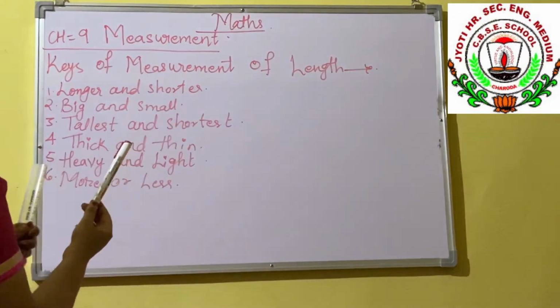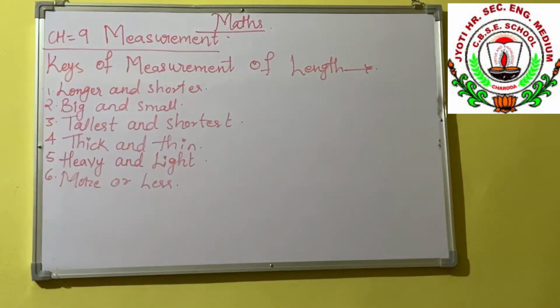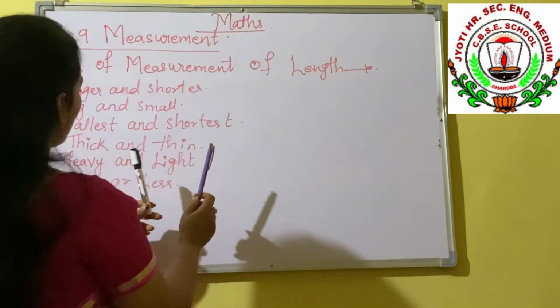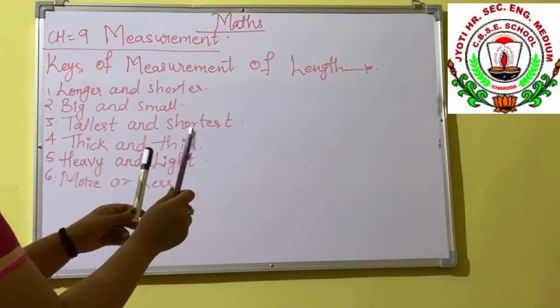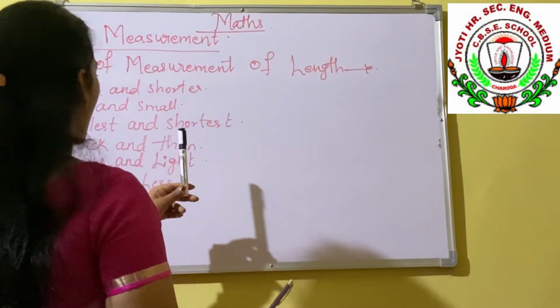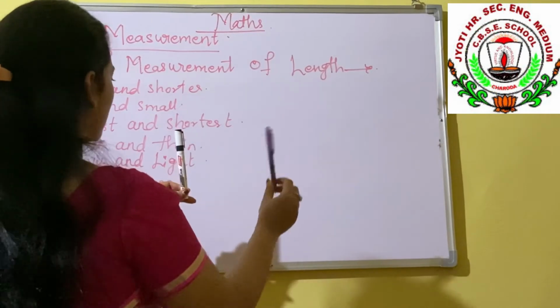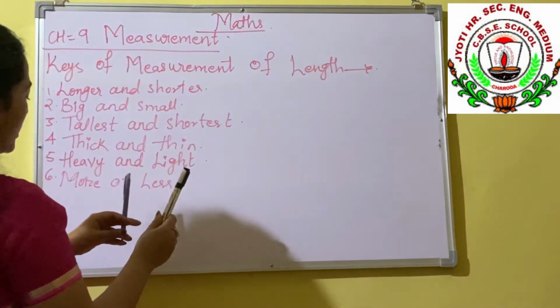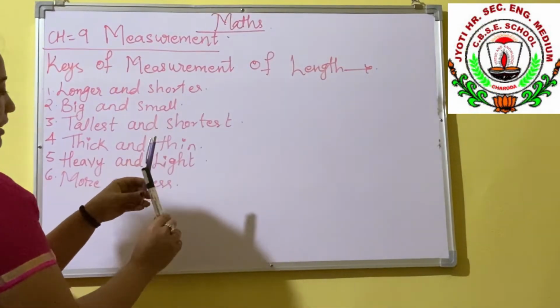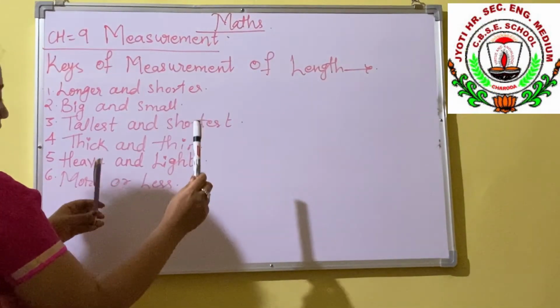So we can identify the length of these things. If we are having this black marker and one pen, here we can say that this one is thin and this one is thick.